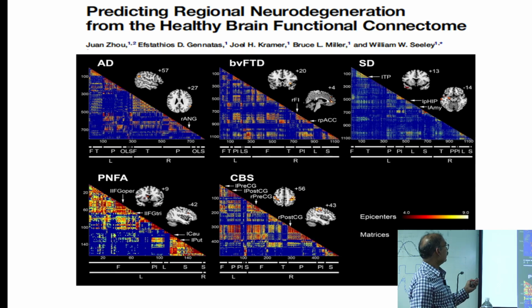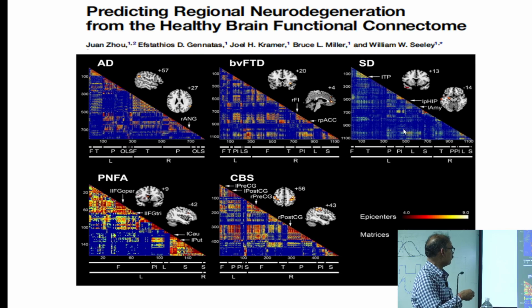In this study, done by Helen Suo, they wanted to see differences not just between Alzheimer's and healthy control, but between different neurodegenerative disorders: Alzheimer's, frontotemporal dementia, and 3 other neurodegenerative disorders.